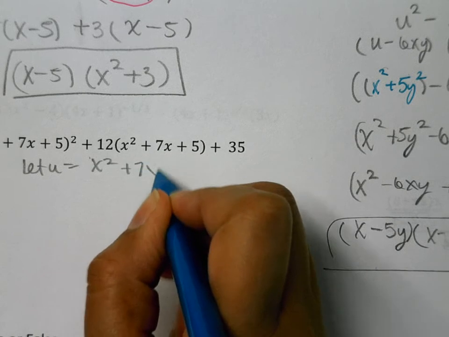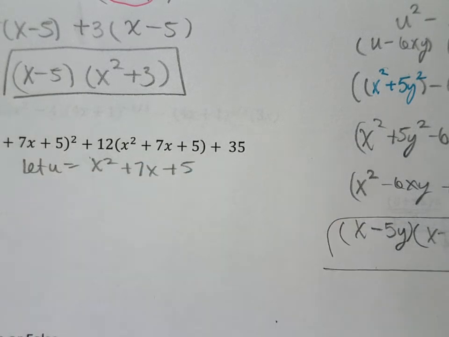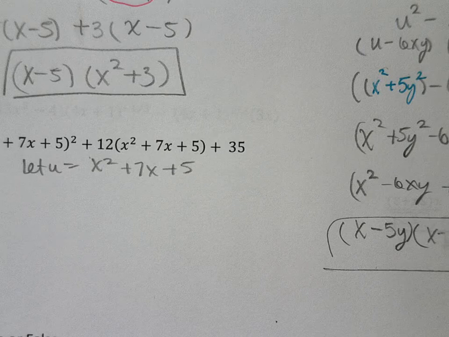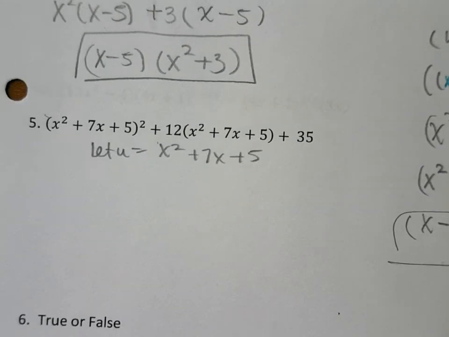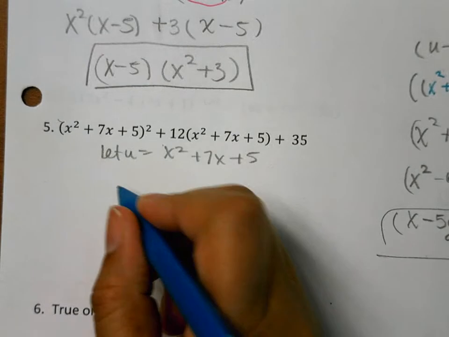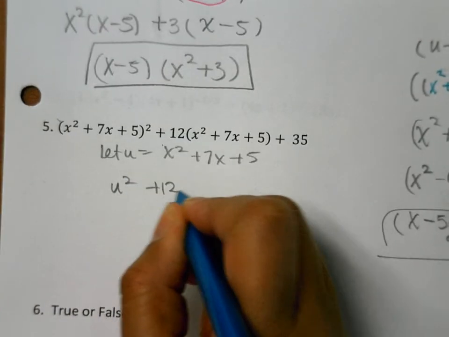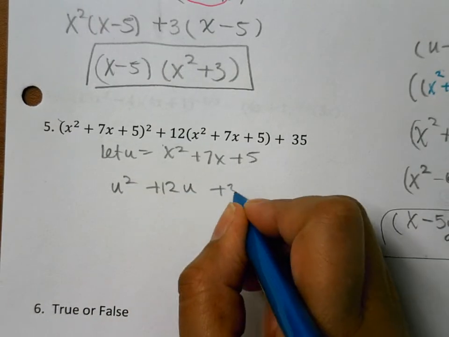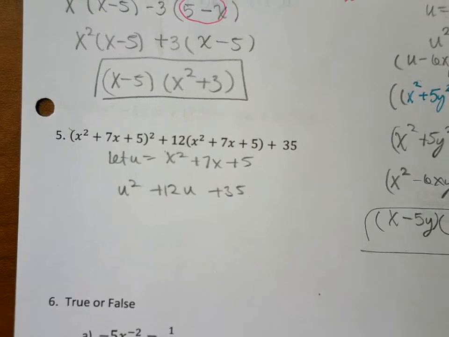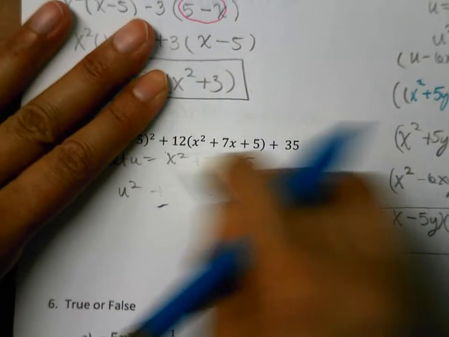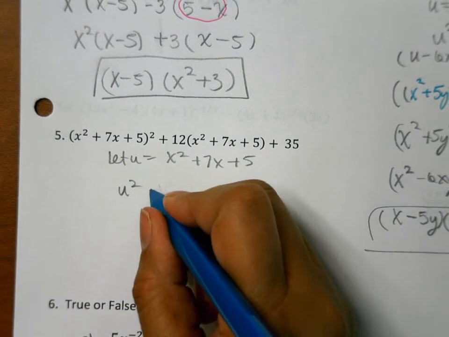Sure. Number 5, substitution or no substitution? Yes. Okay, and we're going to let u equal x squared plus 7x plus 5. And what would that change my problem to? Instead of all that craziness, what would I have? U squared plus 12u plus 35? Yep.